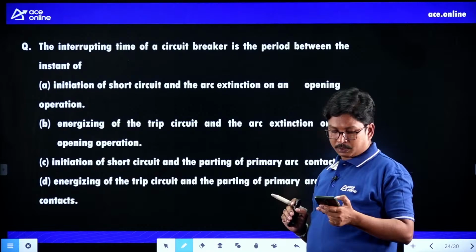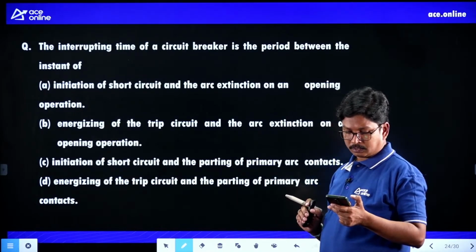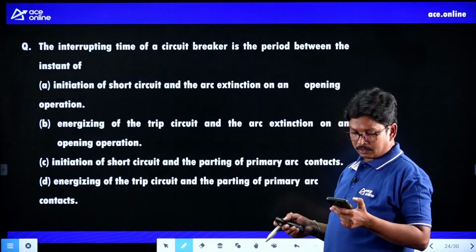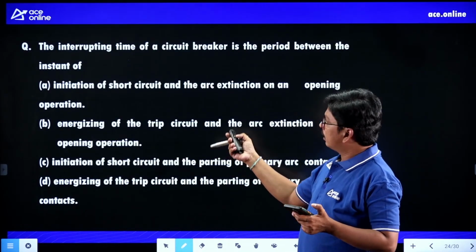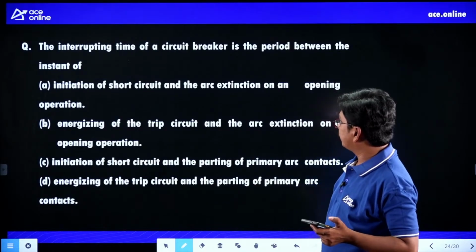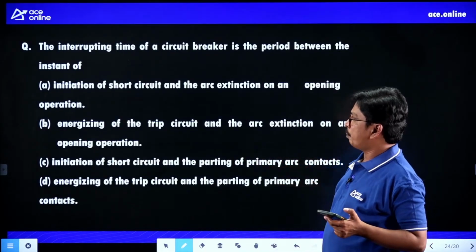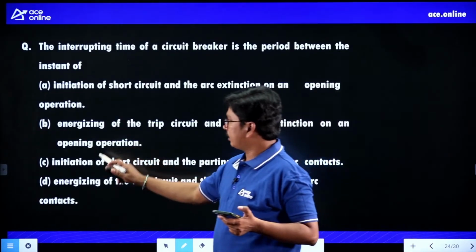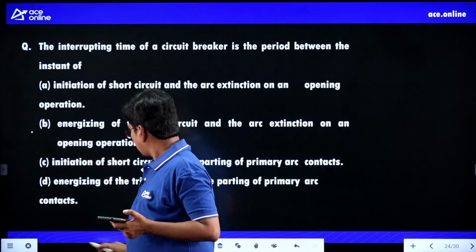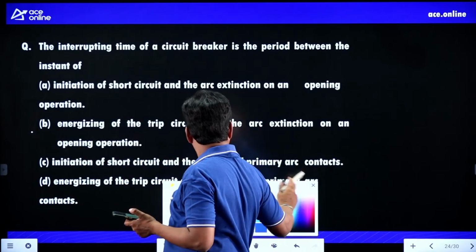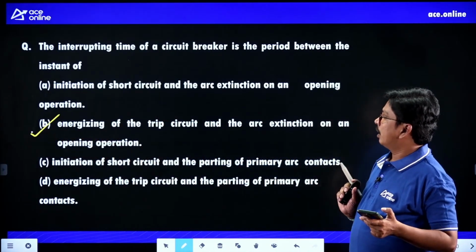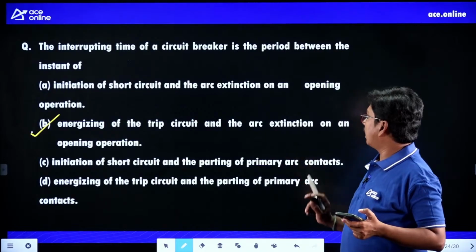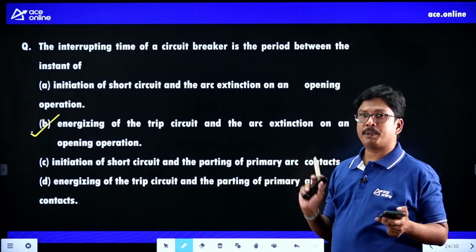Tell me, so what is this one? So energizing of the trip circuit and the arc extinction on an opening operation.